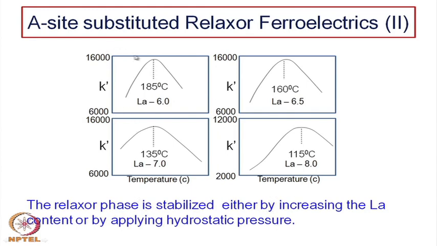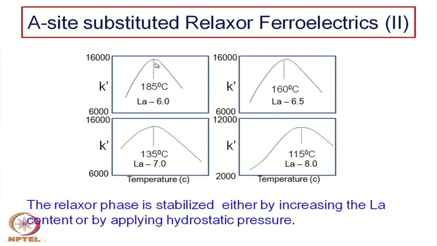So, here this is La 6 atom percent, this is about 6.5 atom percent, and this is lanthanum 7 atom percent and 8 atom percent. So, as mentioned, x can vary between 6 and 12. Here about 4 compositions have been presented, and you can see the typical peaks.